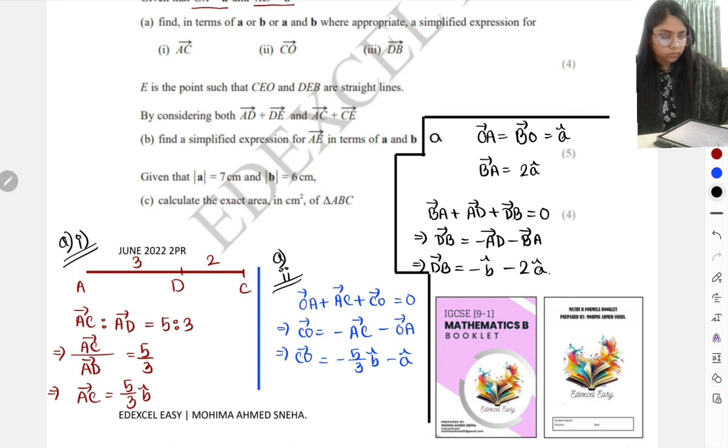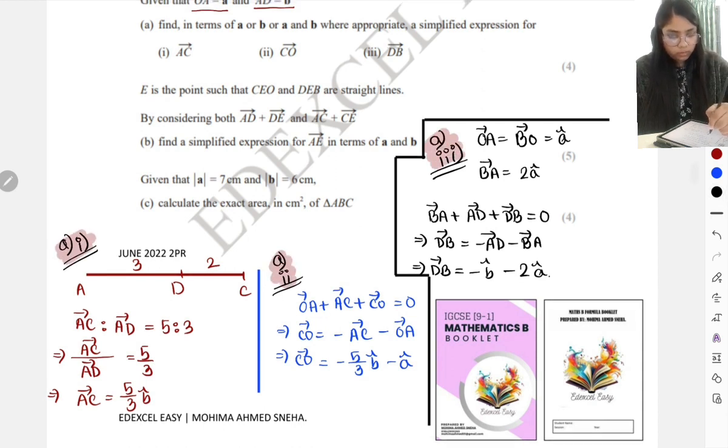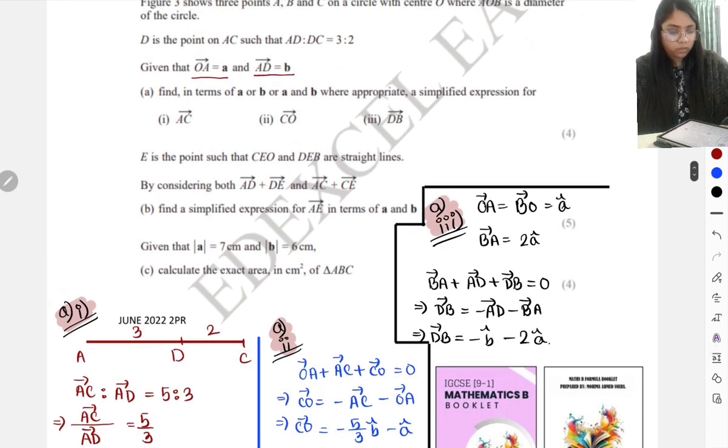Right, so this is for A part 3. So in this space you can find all the three vectors for A part 3, A part 2, and A part 1. We'll be moving on to part B, but before part B, we have these two statements that need to be considered.